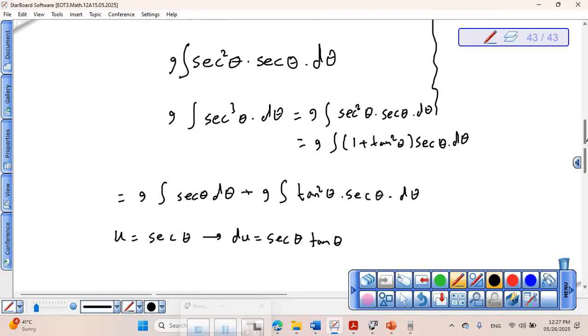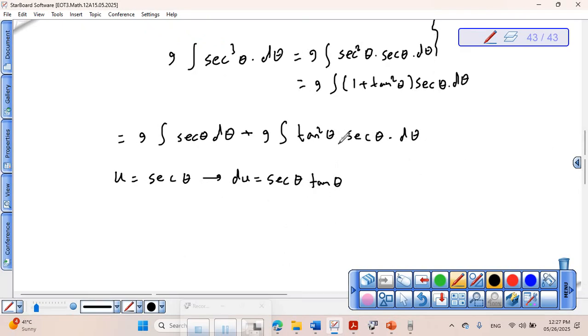For the second integration, we can use u equals sec theta, then dv equals tan square theta. Then v equals, what is the integration of tan square?